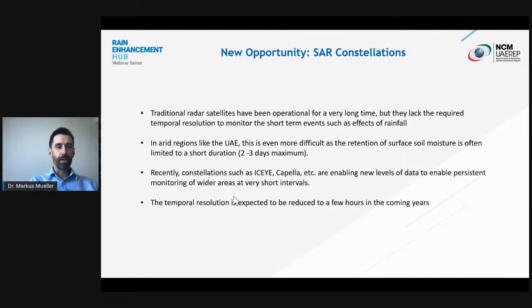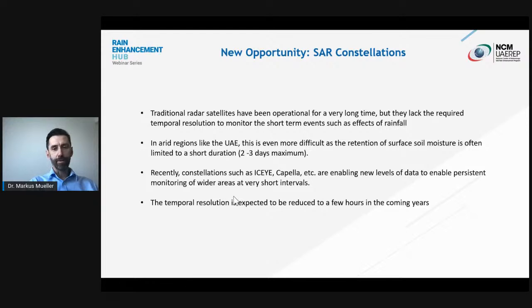Both temporal as well as spatial resolution need to be relatively high in order to make sense of these rainfall events, especially here in the UAE, where we have only 2 or 3 events over the year, and after the event, the soil moisture is gone very quickly. So you either get some images that measure that signal, or you don't measure anything, which is a real problem, which can be solved by recent microsatellite constellations, as they like to be called.